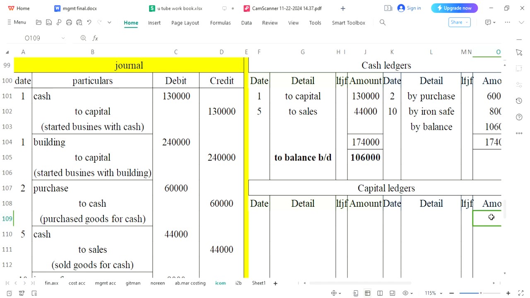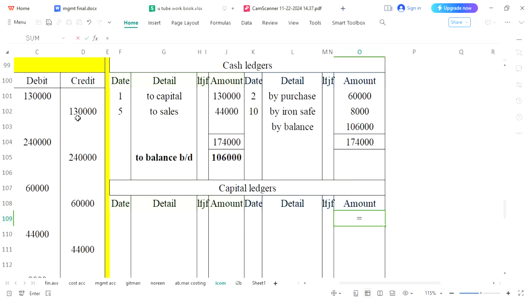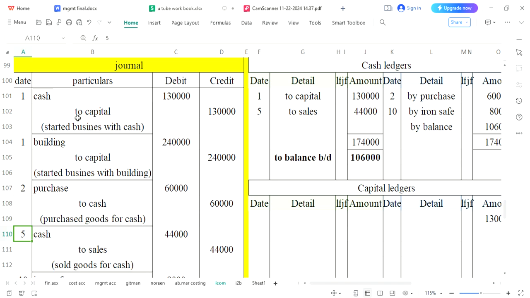And how much amount is it? 1,30,000. You will put it over here. For reference, whatever is written on the opposite side, you will give the reference with the additional word of buy. Look, what is written on the opposite side? Cash. So here you will put cash.